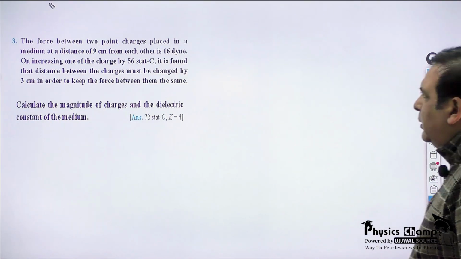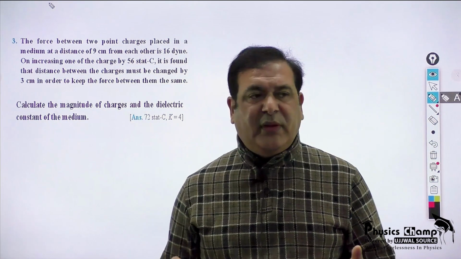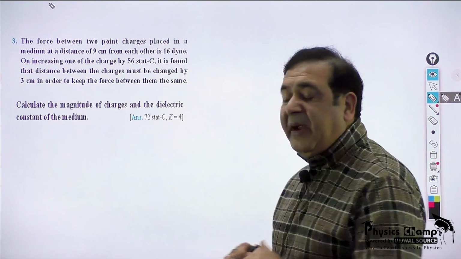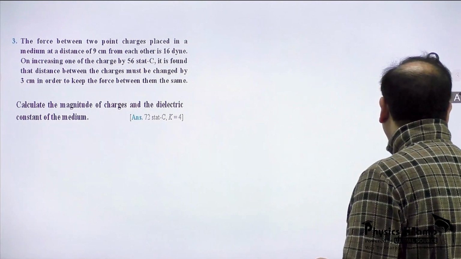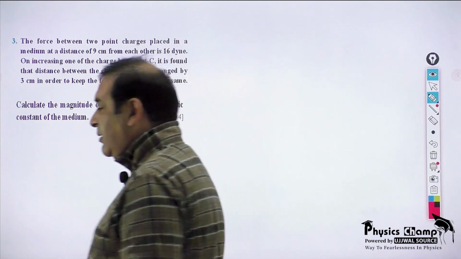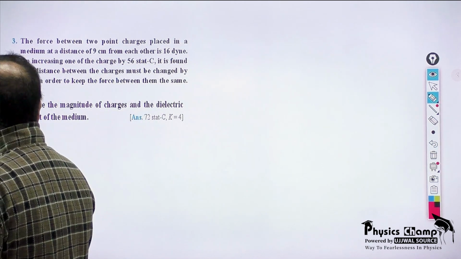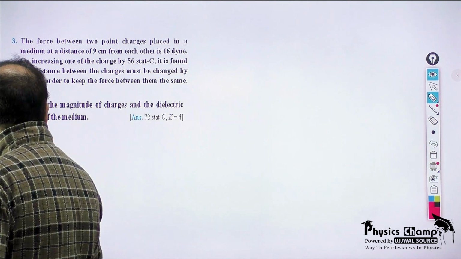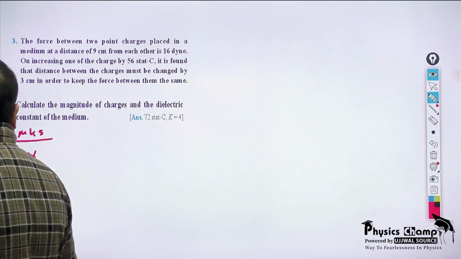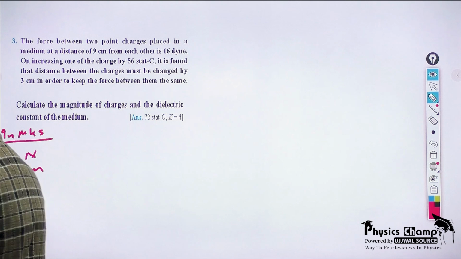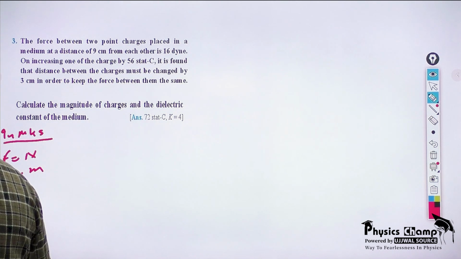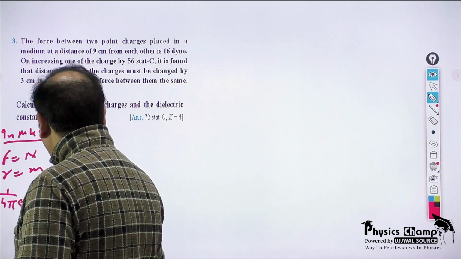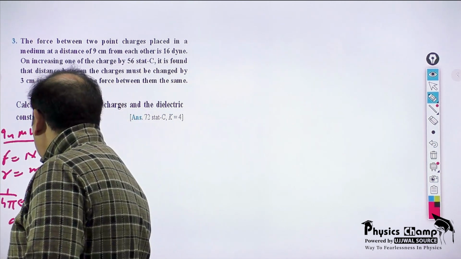So question number 3 now, where we are talking of everything in CGS. First I want to remind you of the difference between dealing in MKS and CGS. In MKS, the force is in Newton, the separation is in meter, the value of 1 by 4 pi epsilon naught is 9 into 10 to the power 9, and the charge is in Coulomb.